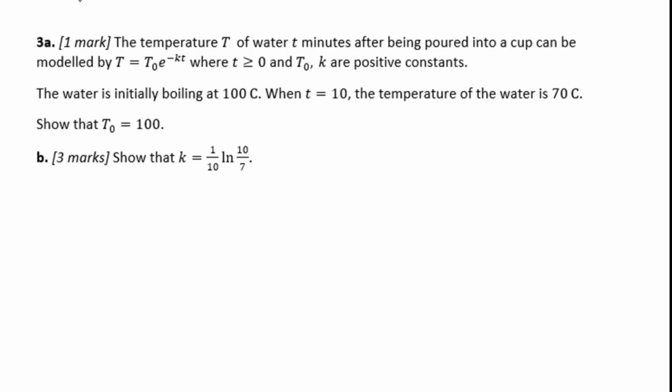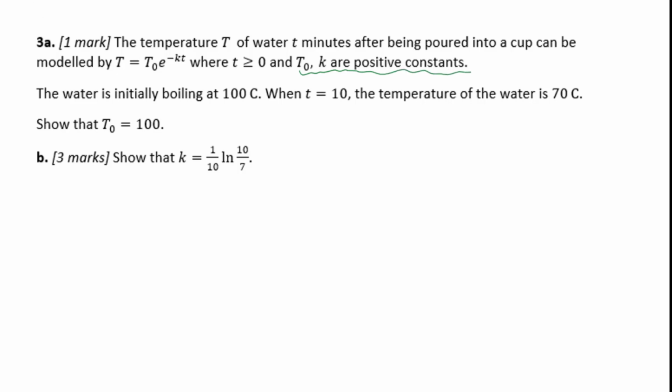3a. The temperature T of water t minutes after being poured into a cup can be modeled by T equals T sub 0 e to the negative kt power, where t is greater than or equal to 0, and T0 and k are positive constants.